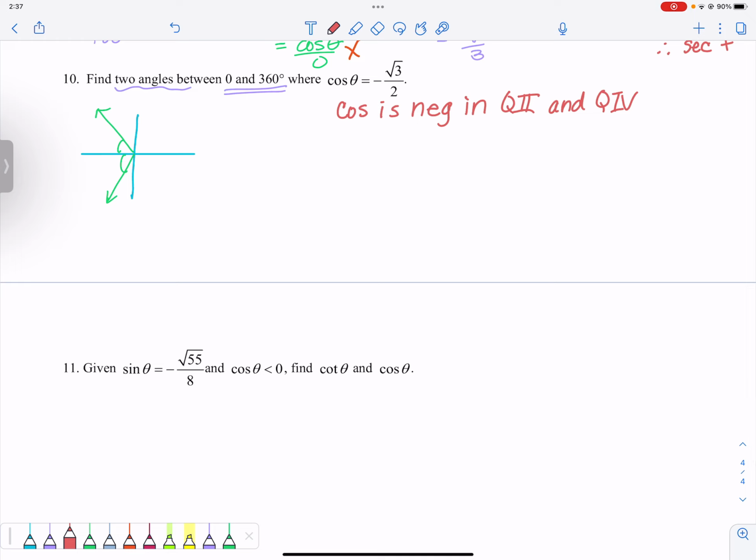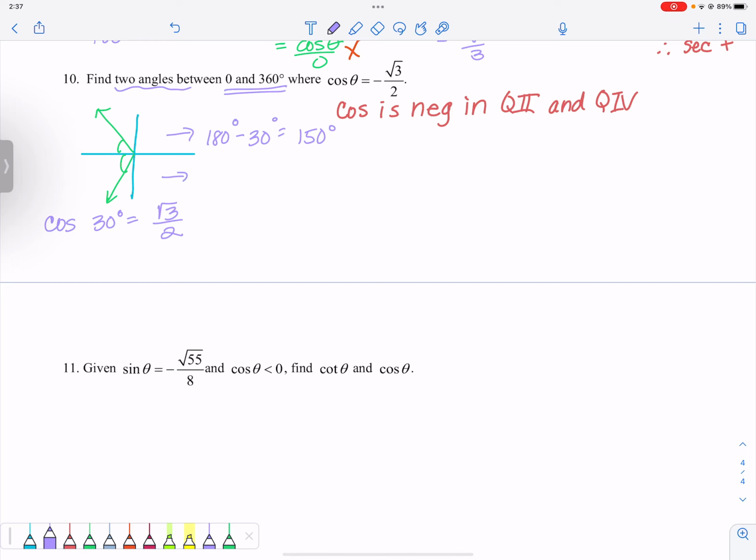So we will go ahead and have 180 degrees minus 30 degrees, and that's equal to 150 degrees. And remember, this square root of 3 over 2 corresponds to the cosine of 30 degrees is root 3 over 2. So that's how we know that these angles are both 30 degrees.